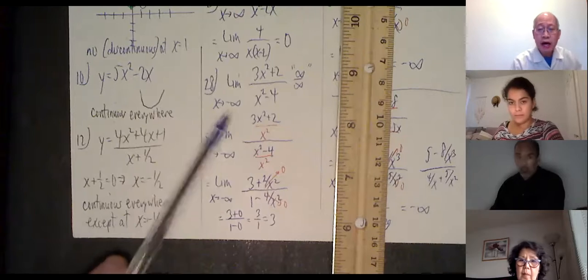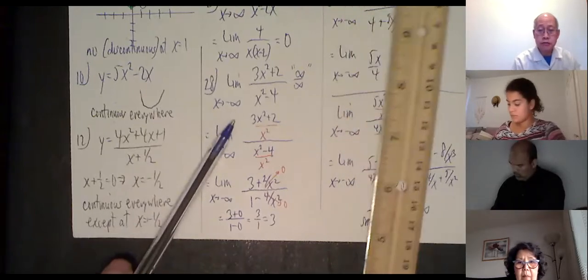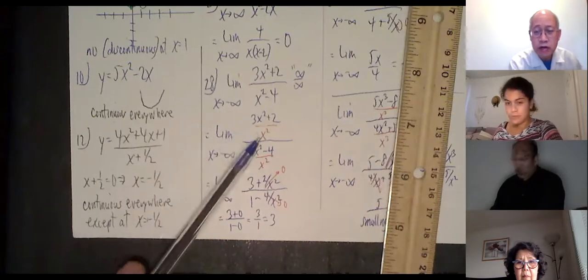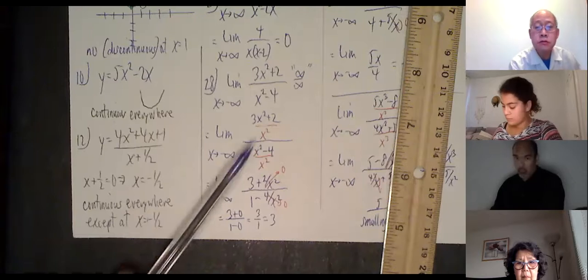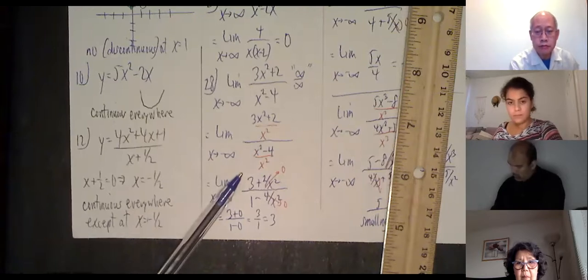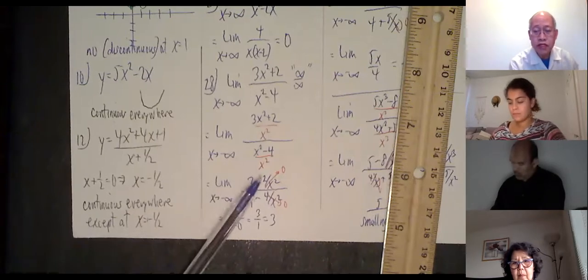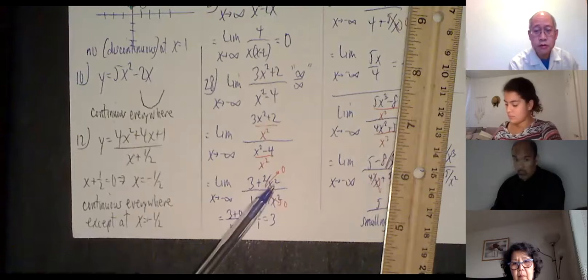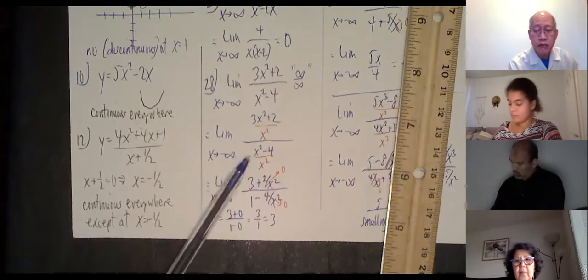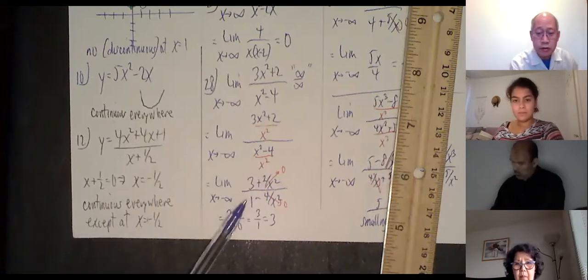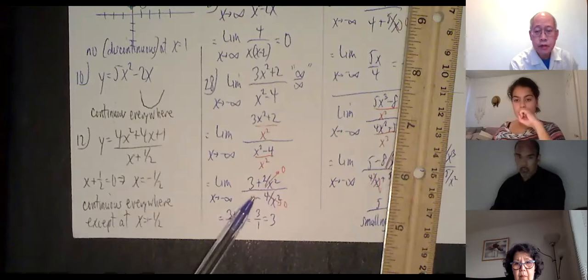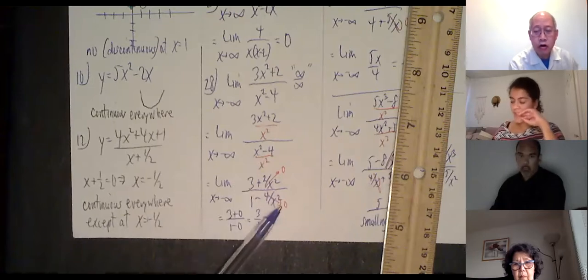And then I'll actually do the division. So what is 3x squared divided by x squared? 3. Plus 2 over x squared, there's 2 over x squared. Divided by x squared over x squared, 1. Minus 4 over x squared.